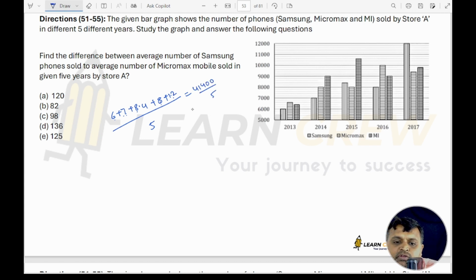So how much are we going to get here? 5 eights are 40, so 8,280. 8,280 is the average.